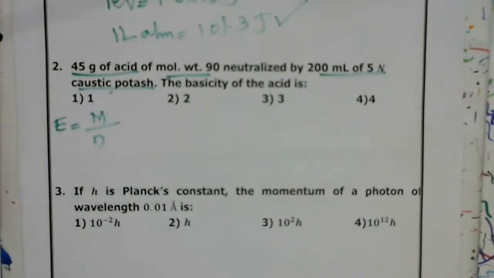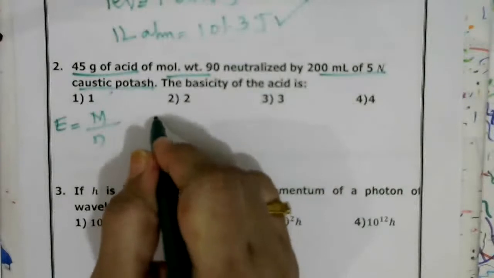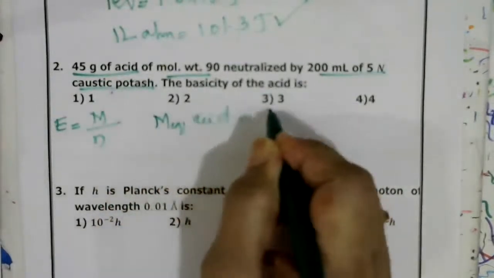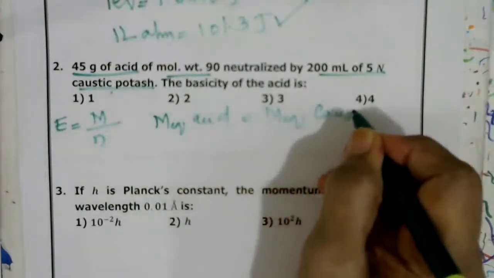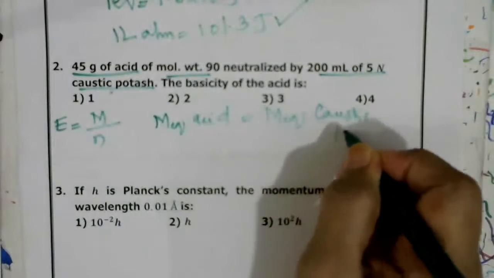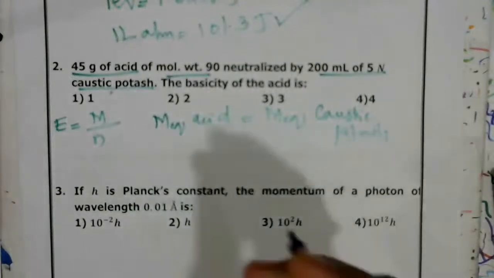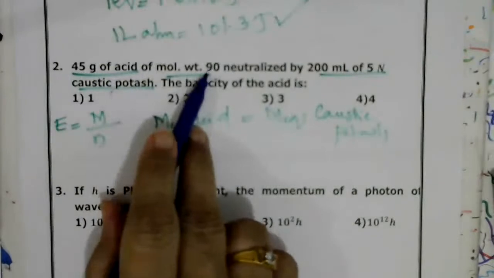In acid-base titration, we can write that the molar equivalent of acid will be equal to the molar equivalent of caustic potash. Number of moles is nothing but mass divided by molecular mass.